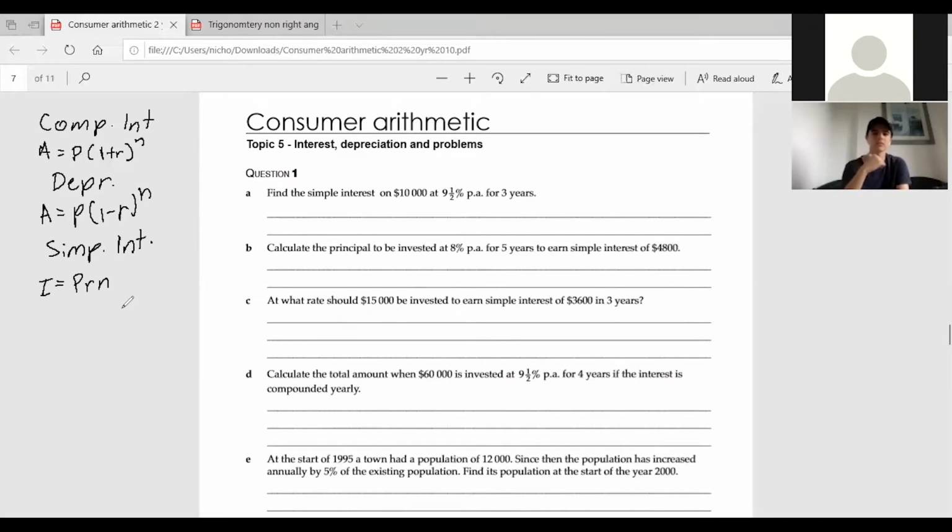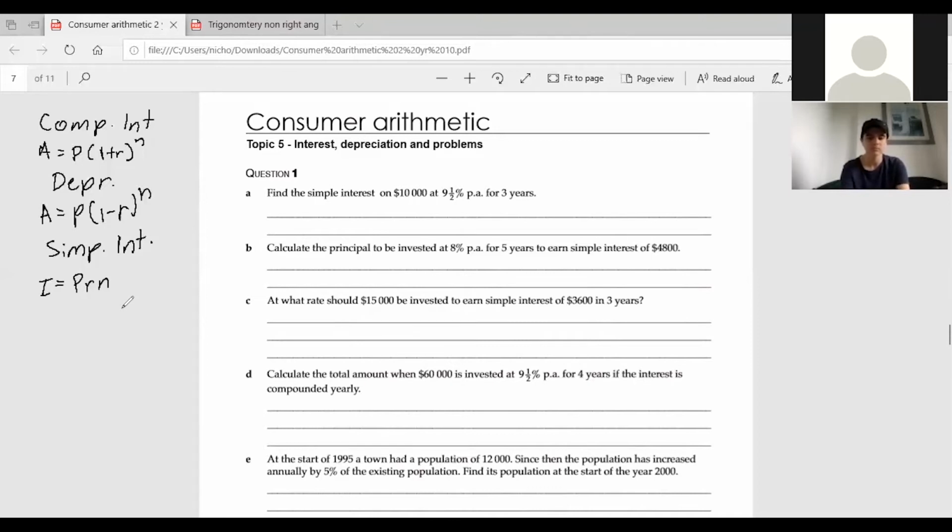So it's the interest and the principal together, the amount of interest plus the amount you put in. Whereas I is just the interest. So A is the total amount you'll have after all the interest goes in, and it's the total amount you'll see in your account.